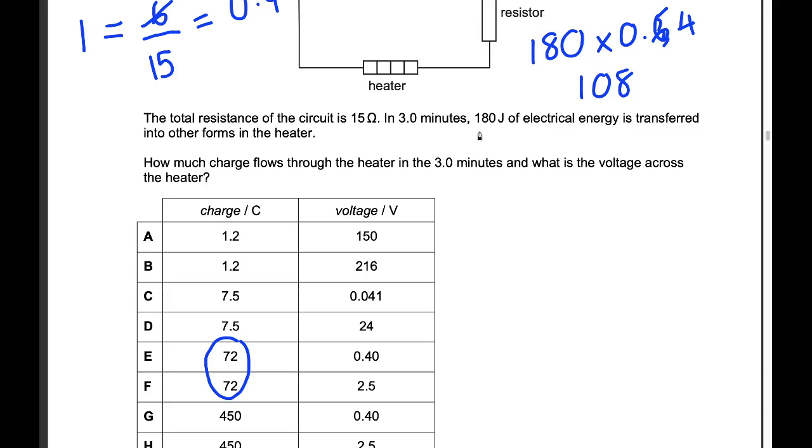So I actually know the amount of electrical energy that's transferred into other forms, so I can use this equation. E equals the voltage across the heater times the charge flowing through the heater will be the energy dissipated by the heater. If you haven't met this equation before, use power equals current times voltage.